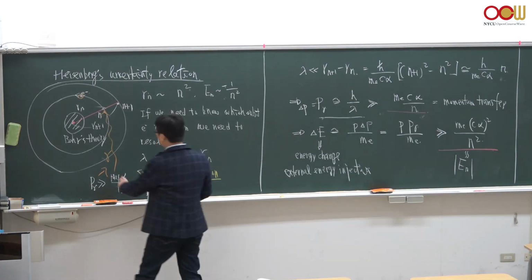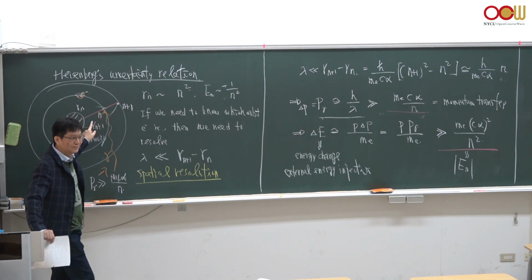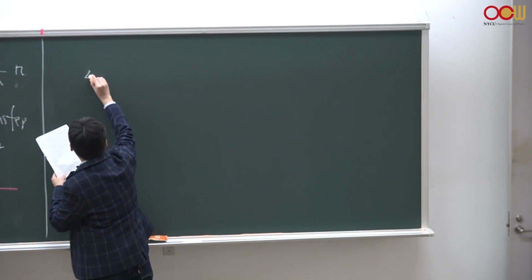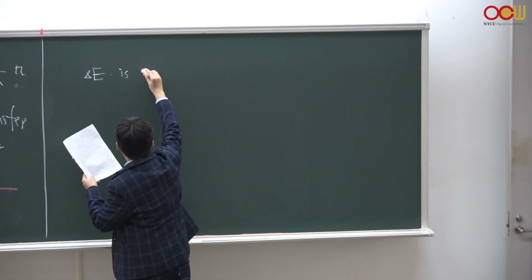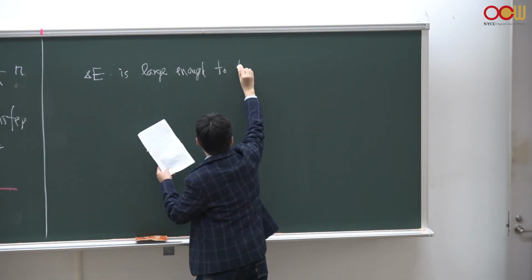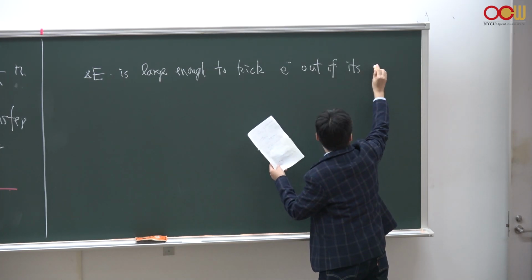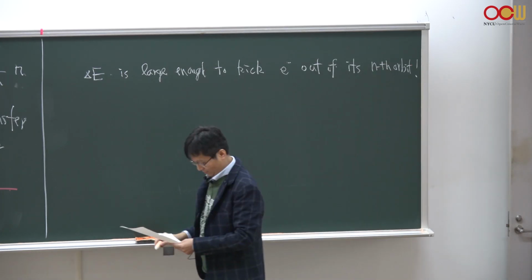Which means that your external energy is going to destroy this electron, because this energy is enough to kick this electron out of its orbit. So this delta E is large enough to kick this electron out of its nth orbit.